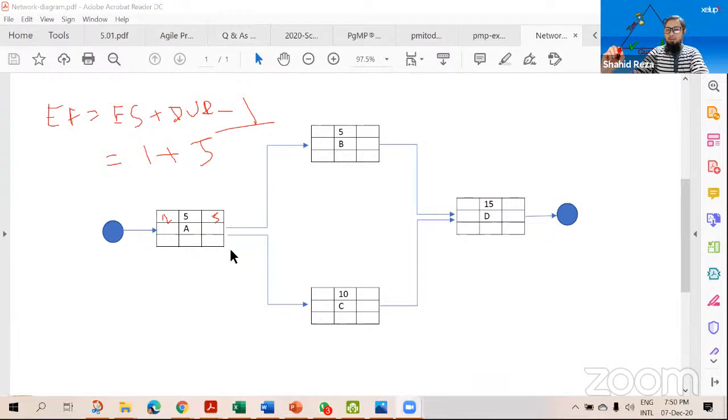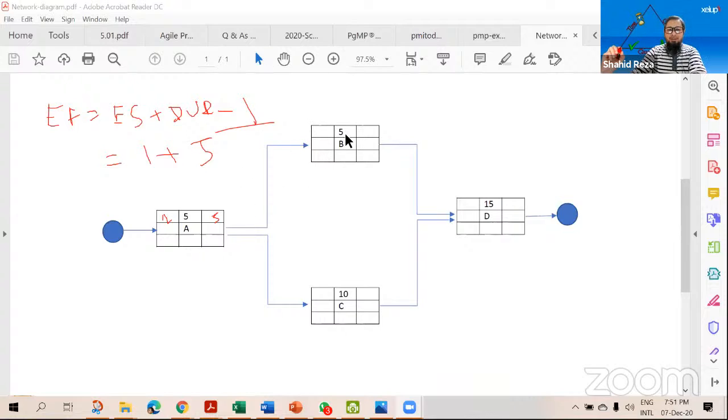So we are subtracting here, and when we do the backward pass, we will add plus 1. That way it will be equalized. We are doing minus here; when we come to the backward pass, we will again plus. So, 1 and 5 are the early start and early finish.